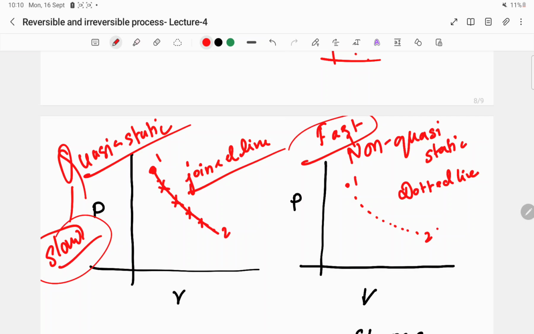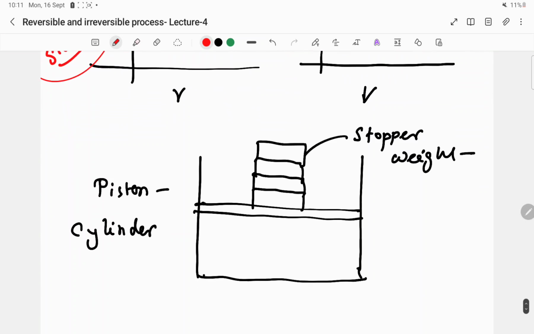To understand this, we can take a piston cylinder arrangement, where the piston is given weights, let's say each of 5 grams. And we are removing one dead weight after another, or you can say we are putting one dead weight after another. Then the piston will move in a very slow manner, right? So this kind of arrangement represents a quasi-static process.